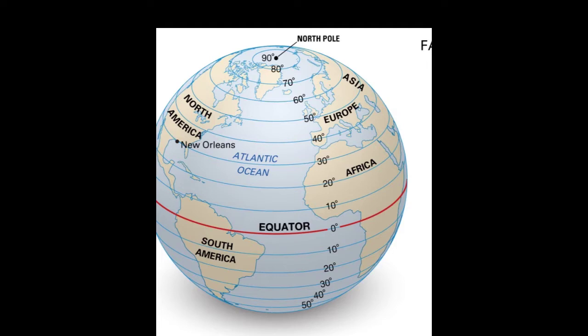The North Pole and South Pole appear as points. While mentioning the value of a parallel, it is necessary to mention the northern or southern hemisphere. For example, 23-degree north, 30-degree north, 45-degree north, 90-degree north, 23-degree south, 30-degree south, 45-degree south, 90-degree south.